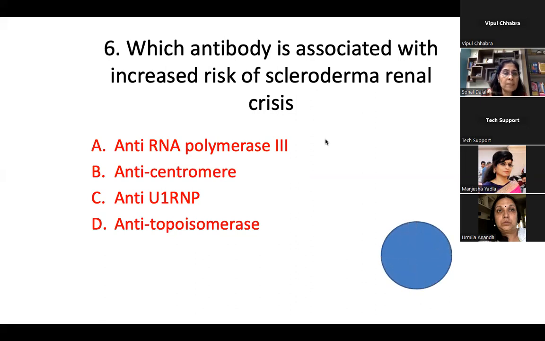Time up. The correct answer is anti-RNA polymerase 3.